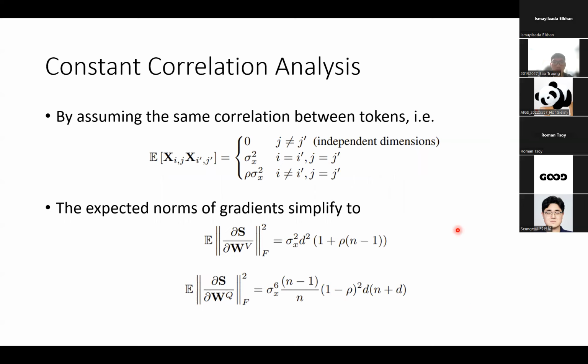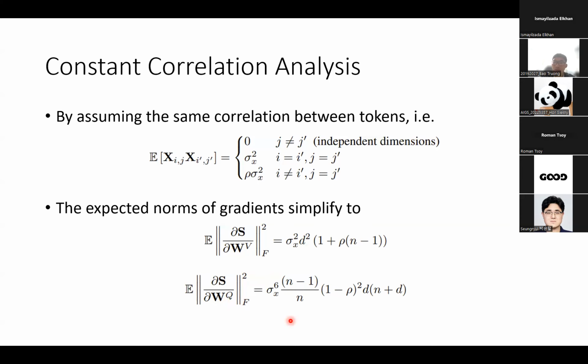So now we have the expected norm of the gradient, and it reveals that different factors affect differently the gradient with respect to the value and the query, and also the key, because the key and the query are similar.